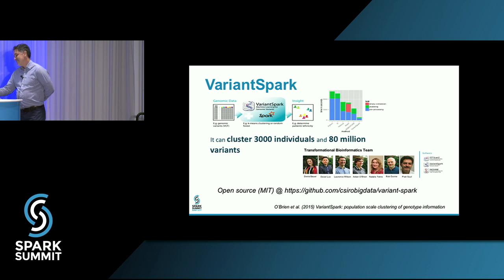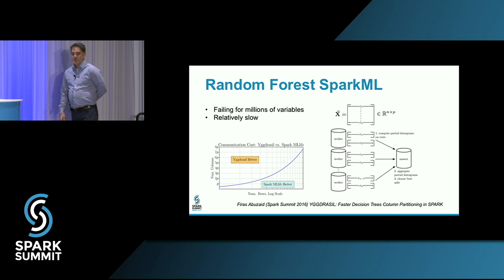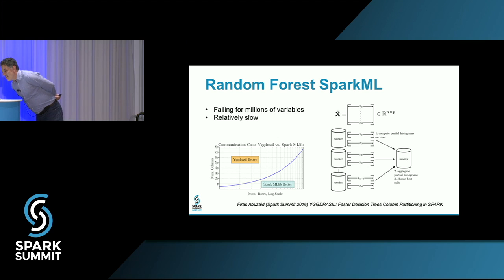So then we went to random forest, and we ran into trouble. Even though our cluster is quite large, we were not able to run the standard SparkML random forest on the entire genome. The explanation for this, I think, was given last year at Spark Summit by Firas Abuzaid, I hope I pronounced this properly.